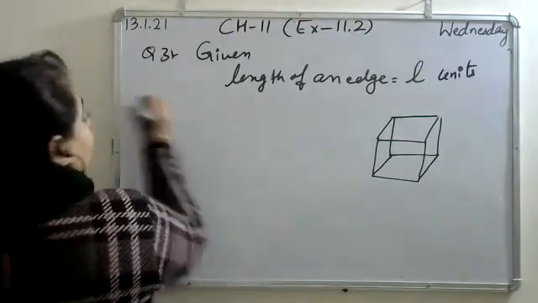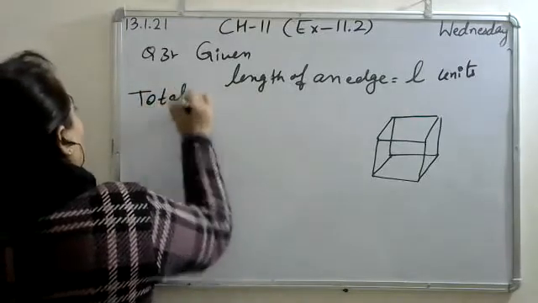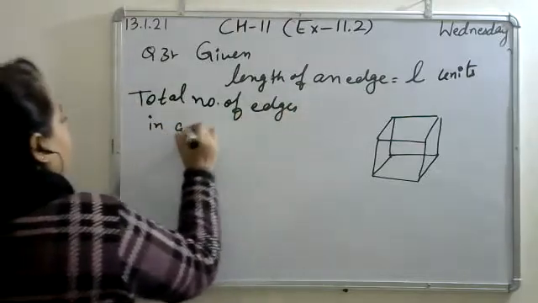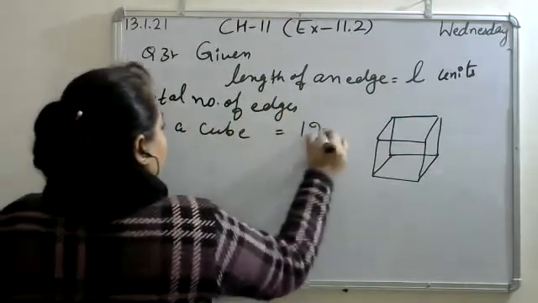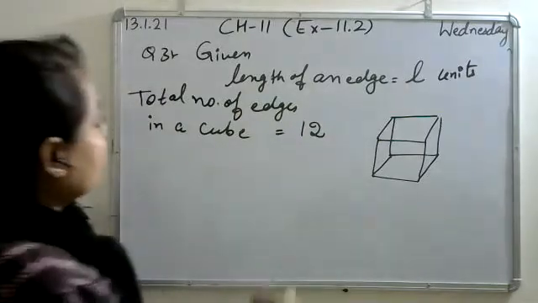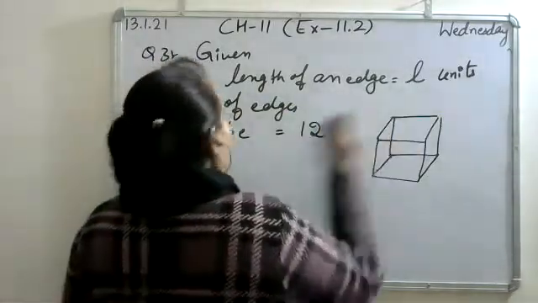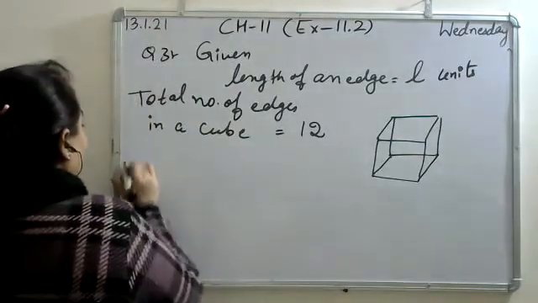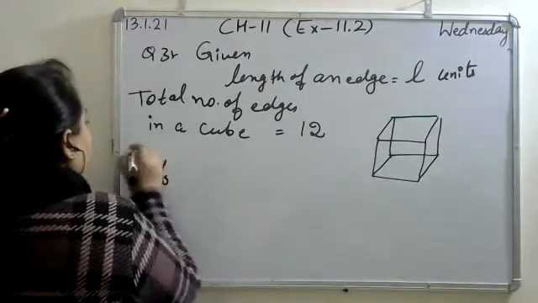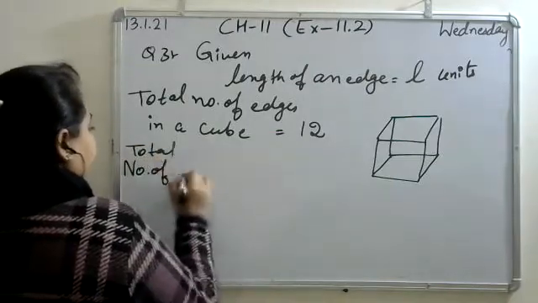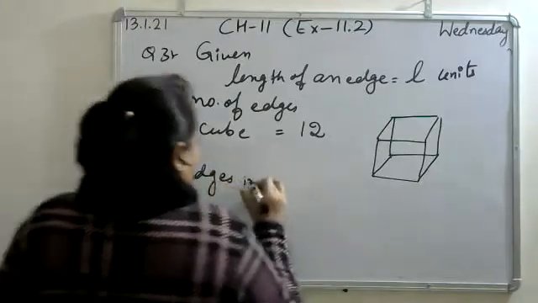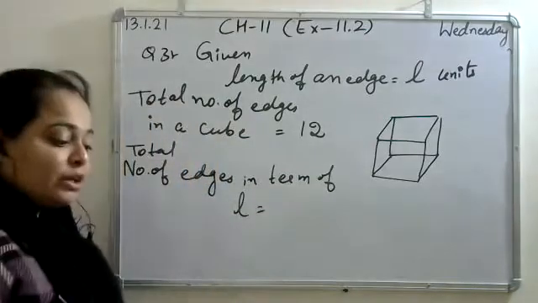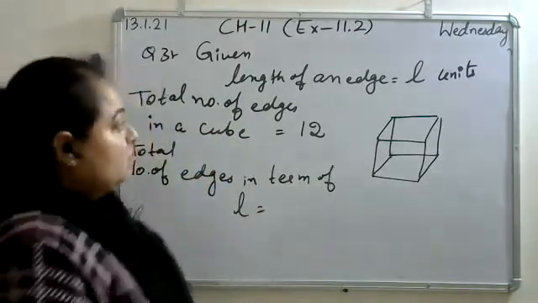So the total number of edges in a cube is 12. The length of an edge is given as L. Total number of edges is 12, in terms of L. Now tell me, how can you write the total length of the edges in terms of L?